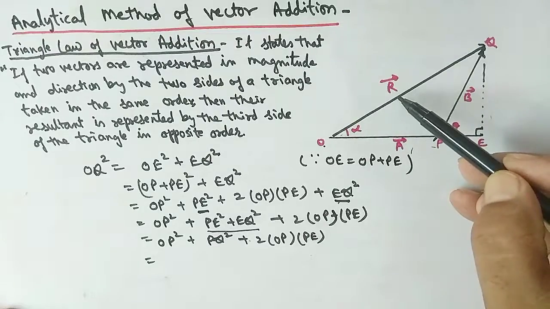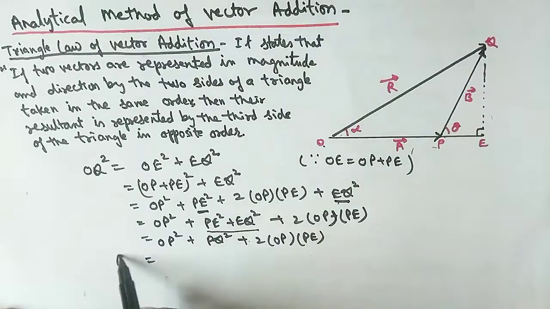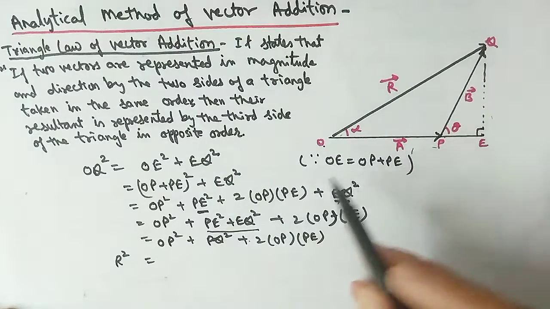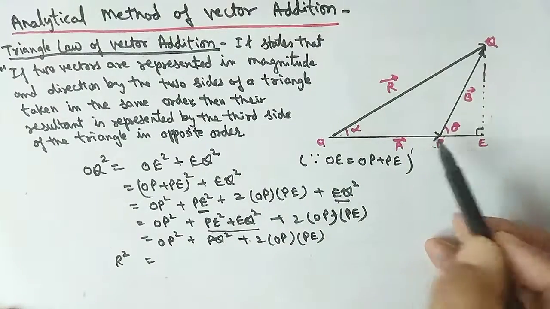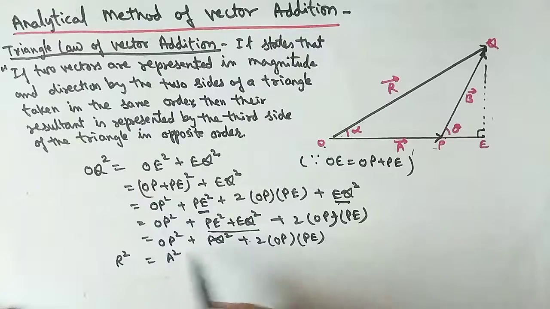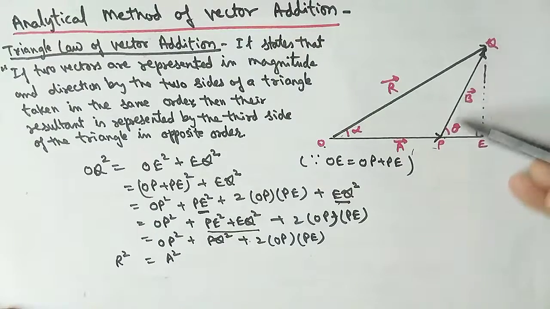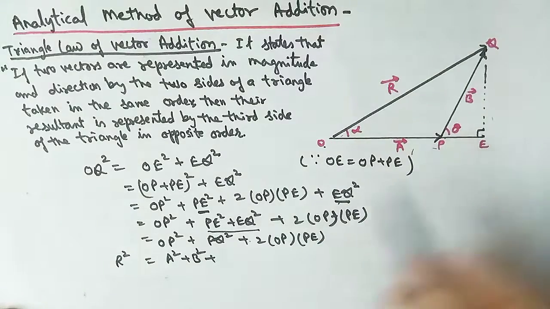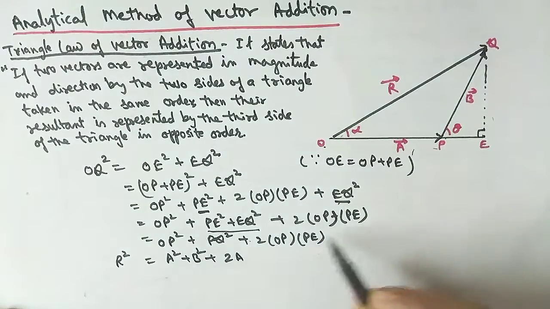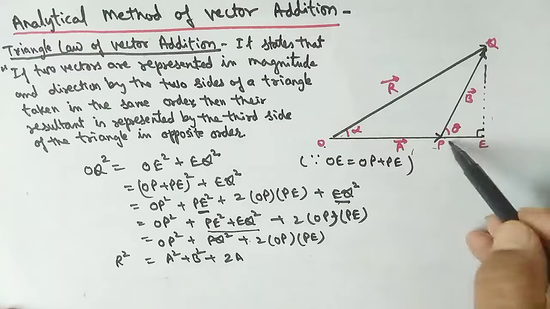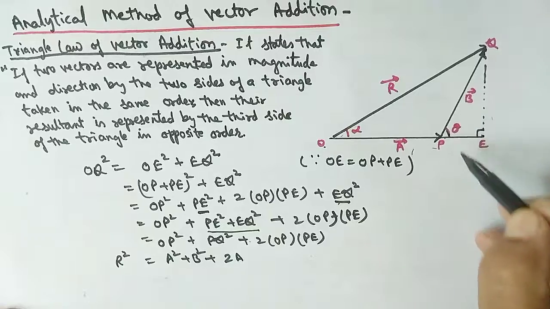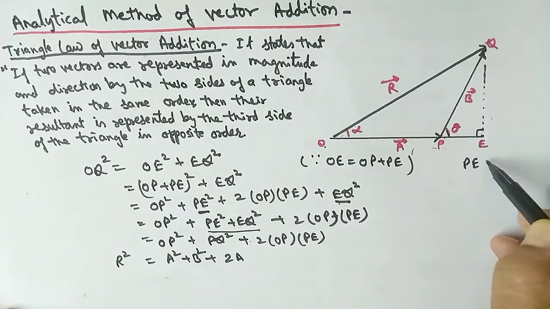Now see what is OQ square. It is the resultant square, so here we can write R square. OP is the A, so A square, PQ is the B, so B square. Okay, OP is equal to A and PE is equal to... this is the angle, so what will be the PE?